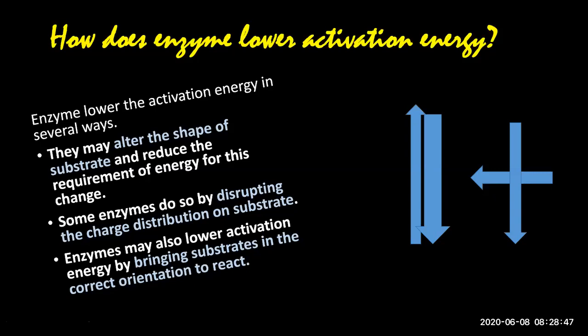And sometimes enzymes change the charge distribution, weakening it, so the substrate quickly converts into product. Again, less energy consumption. Or enzymes change the orientation of the substrate. It changes the angle of the substrate, so the substrate quickly converts into product by consuming less energy.